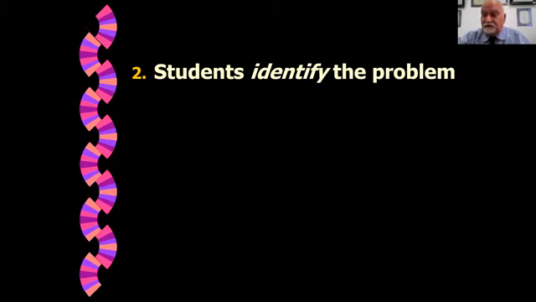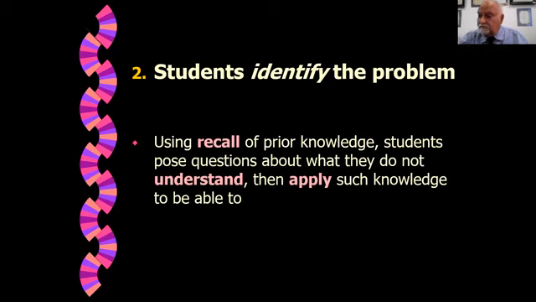The students go through 3 important levels from the cognitive domain of the taxonomy of educational objectives. The first is to recall their prior knowledge and relevance to the problem.